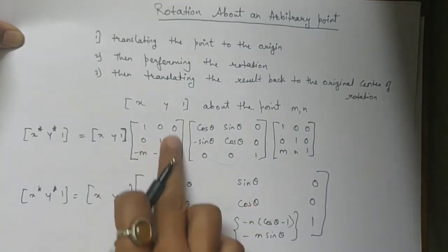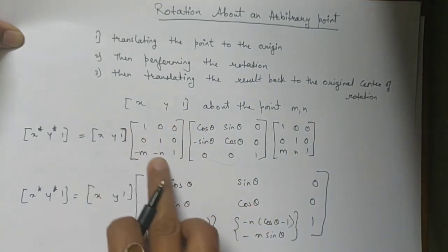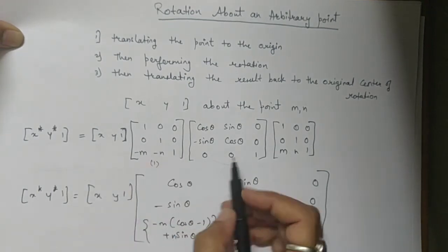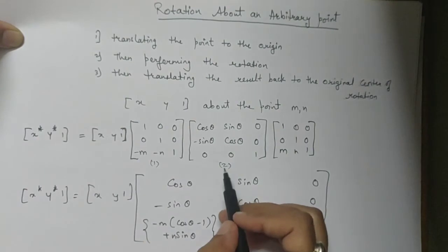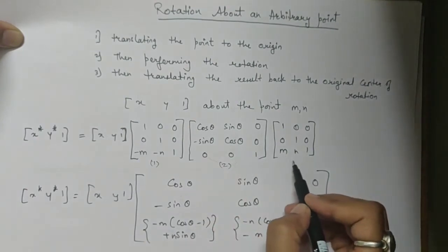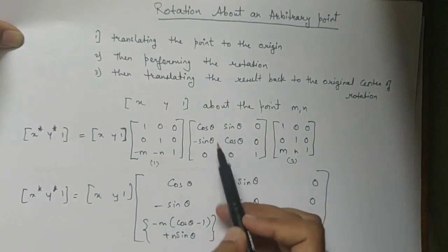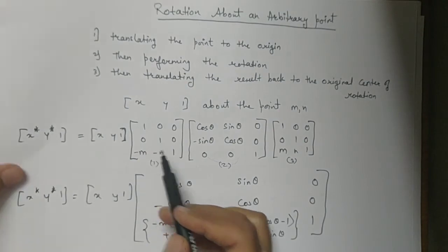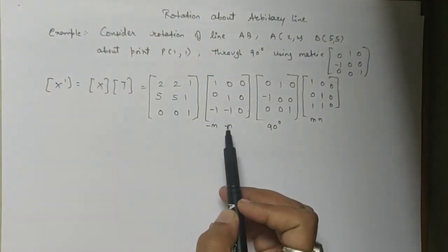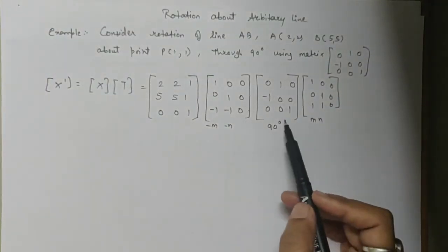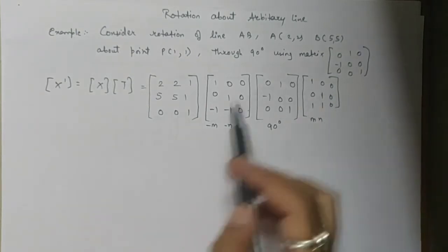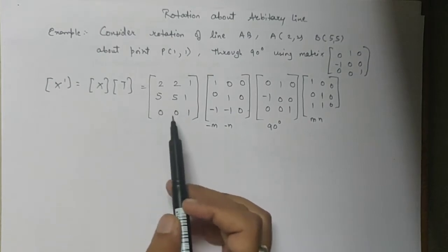This is the first step matrix, the second step matrix is the rotation, and the third step matrix translates the result back. And this is my original coordinates x and y.